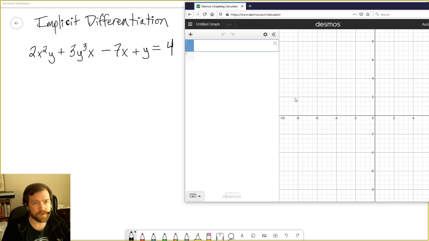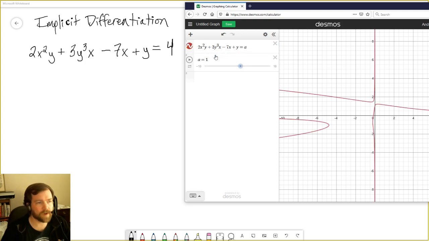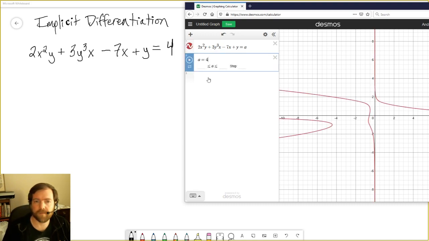All right, so if we do something like 2x squared y plus 3y cubed x minus 7x plus y equals a, just some value that we pick. And for this particular value, we're going to use 4.